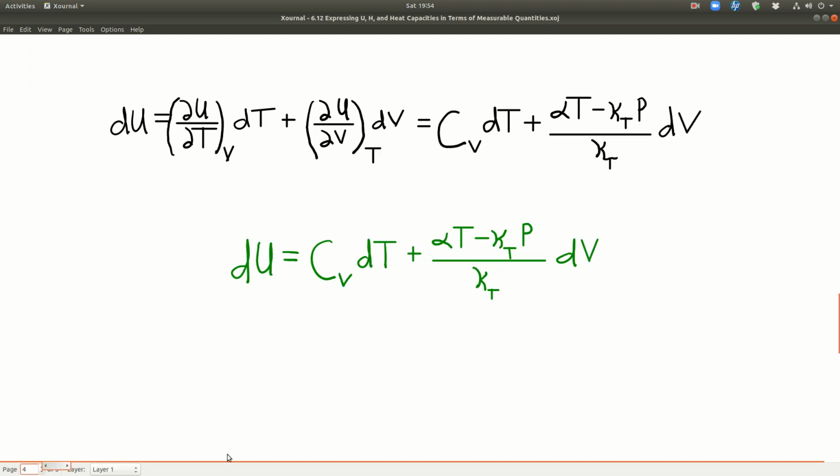Now we can write the total differential of the internal energy dU, which is just partial U partial T at constant V dT plus partial U partial V at constant T dV, as this.